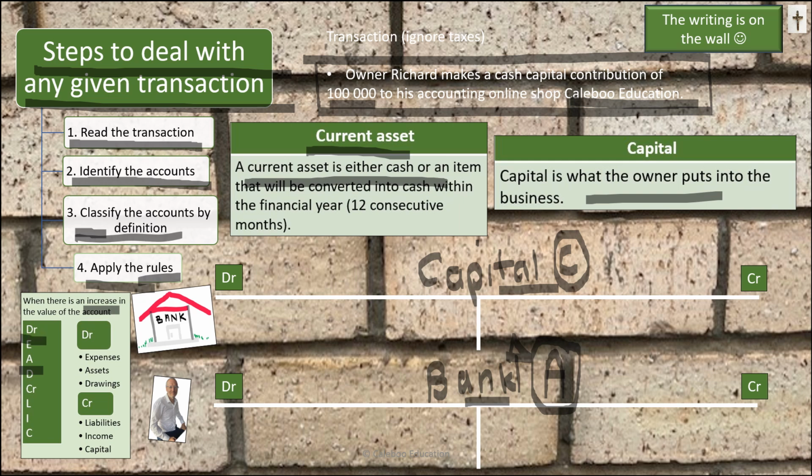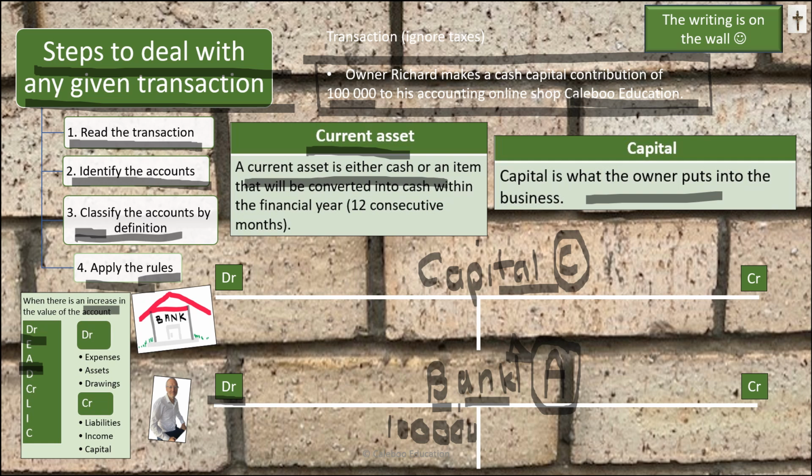So what has happened to the bank balance? It has increased in value by 100,000. And according to the rules, if there's an increase in the value of assets, the account is debited.